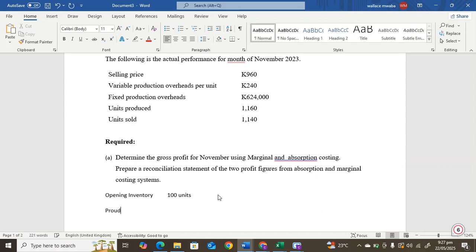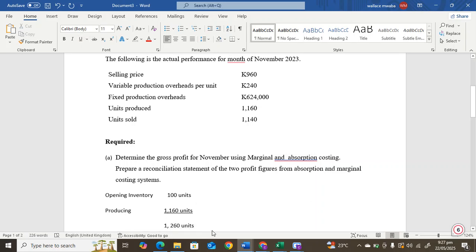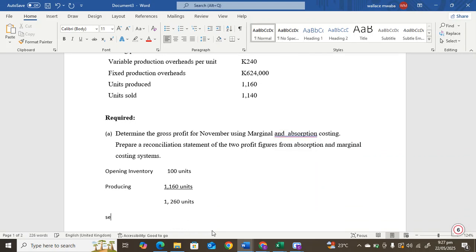Okay. They told us how many units are we producing? 1,160. So 100 plus 1,160, we get 1,260. Now we need to know what is our closing inventory. So they've told us we are selling 1,140 units.